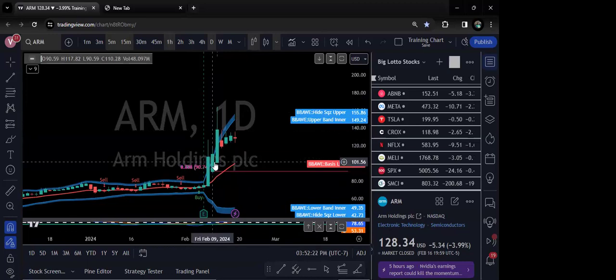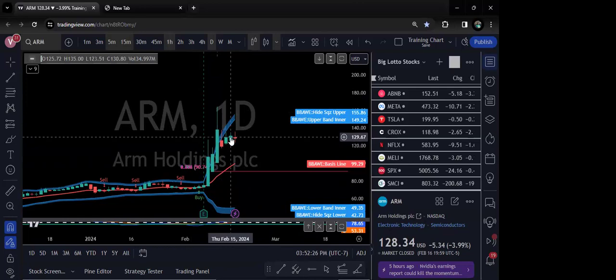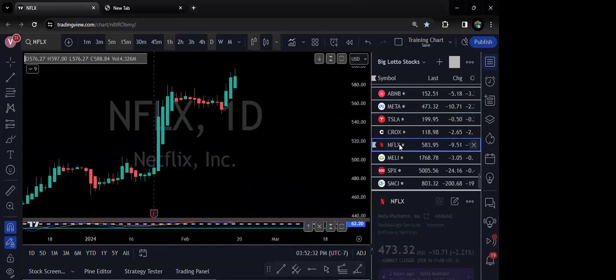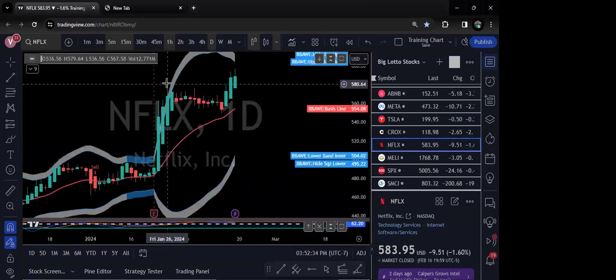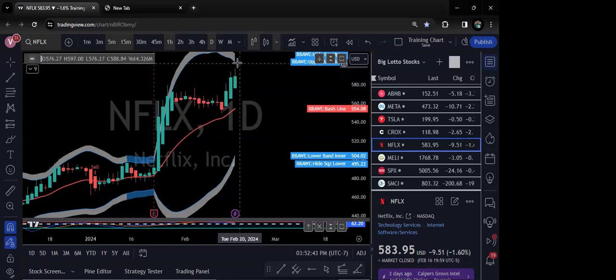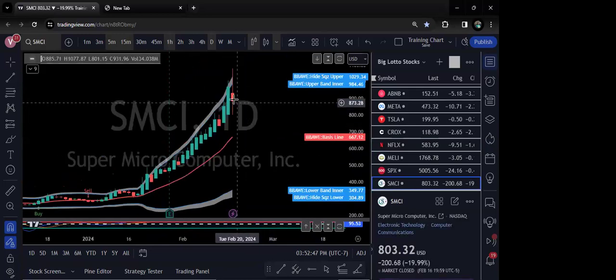Any stock with this should be at the top of your watch list. Meta had that. Netflix had this before, inside this long candle, and do you see what happened? Push, push, push. So SMCI, we have this one.